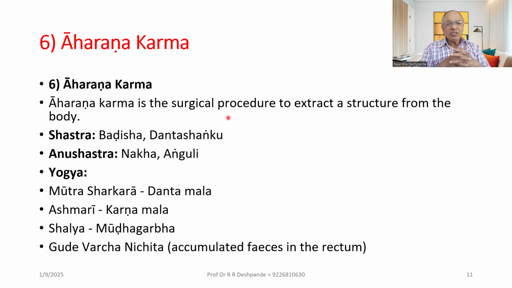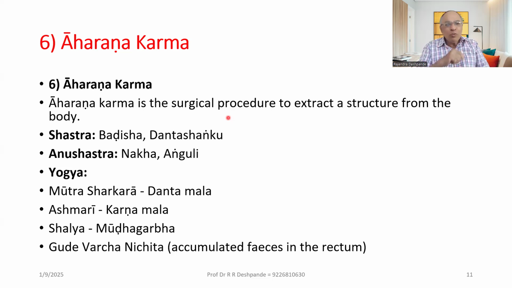Anushastra are of course the Nakha and the Anguli. You must know that when a child is not properly delivered, if there are some complications, forceps is used to take out the fetus.